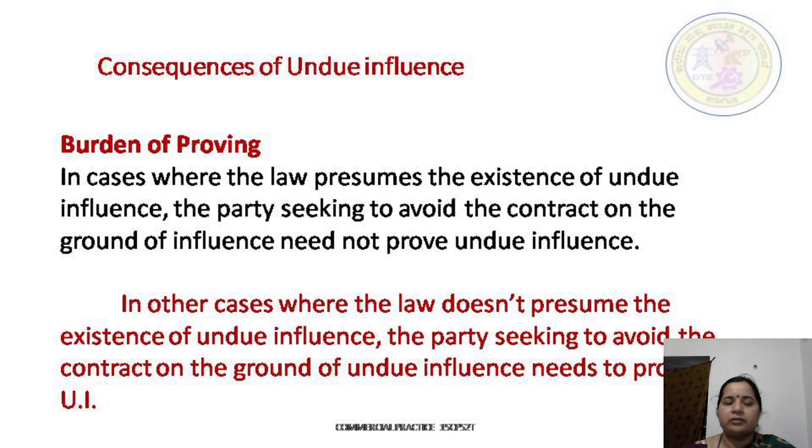Okay. But in other cases where law does not presume the existence of undue influence, if you look at some cases like husband and wife, and mother and daughter, the law has not said undue influence exists. So in such a case, if the aggrieved party wants to avoid the contract on the ground of undue influence, that person needs to prove the presence of undue influence.